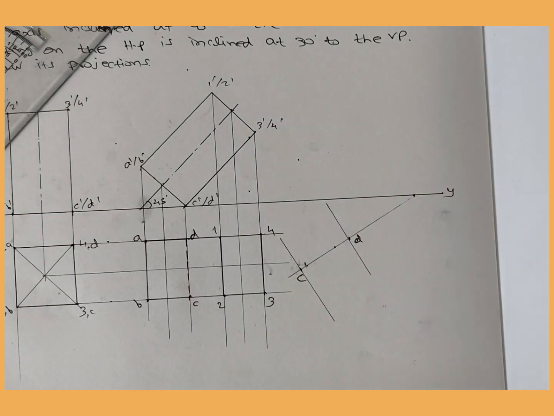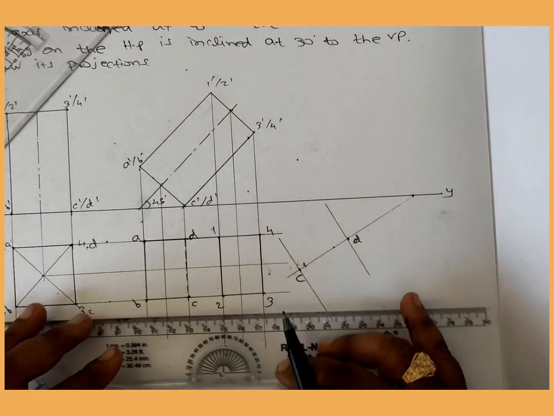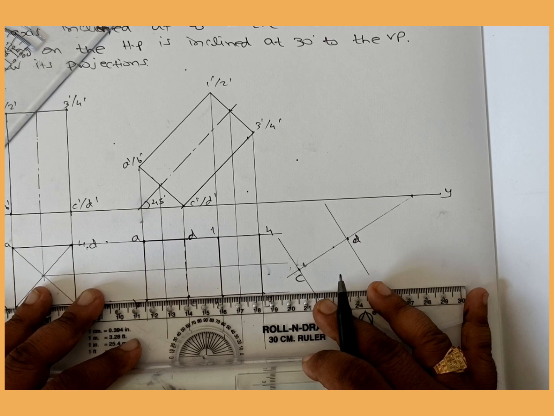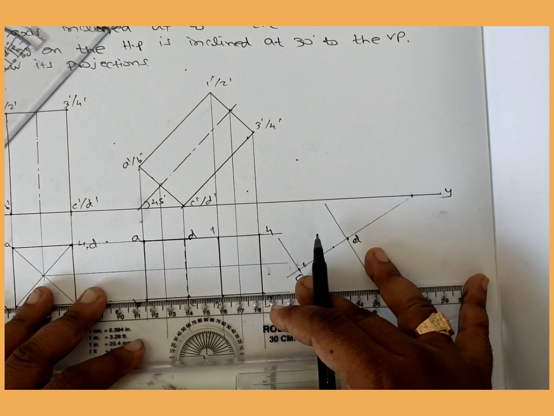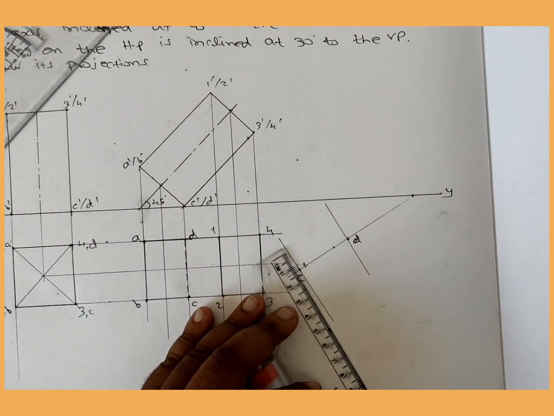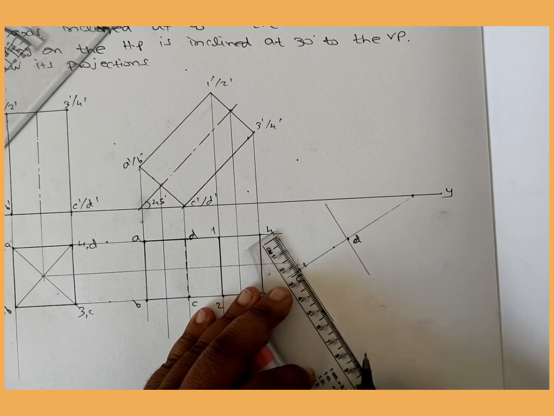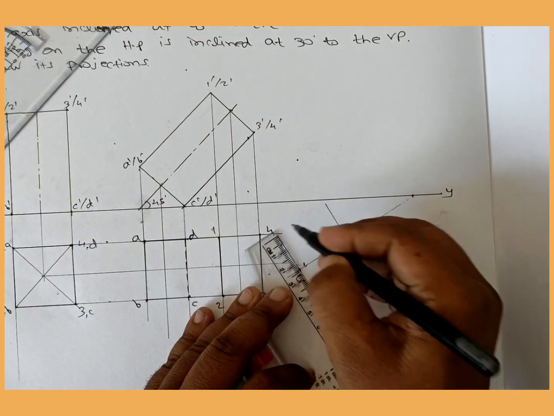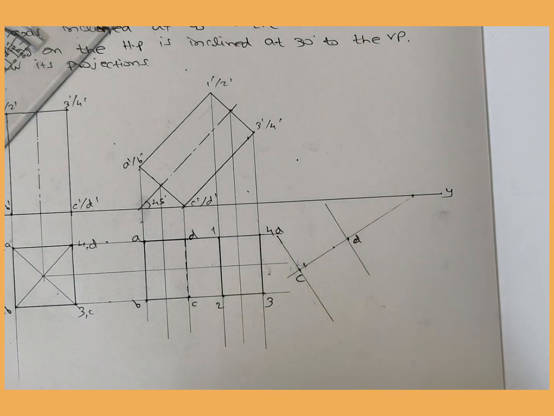So here we can see this distance is 10, 20 and 24. So this is A, and 2 and 3 we have to draw.